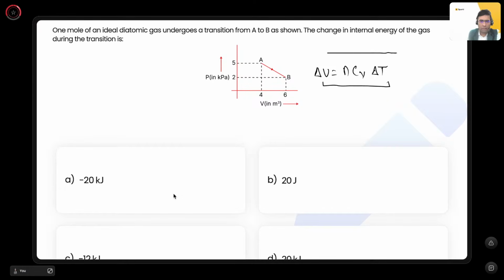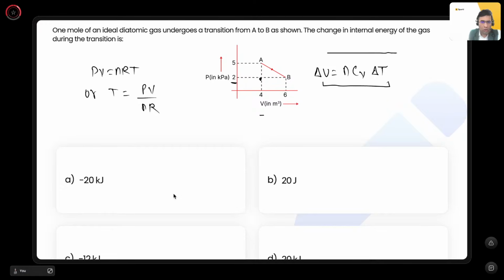So what we can do is at point A, we know that the pressure is 5 kilopascals and the volume is 4 meter cube. So from here, applying the ideal gas equation, we can find the temperature. So PV is equal to nRT, or we can say that T is equal to PV upon nR. All right.